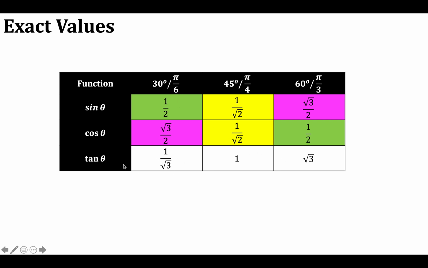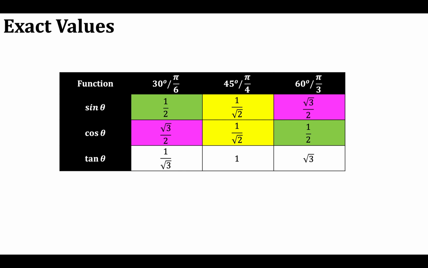But if you remember that tan is sine over cos, so a half divided by root 3 over 2 gives you 1 over root 3. And for this one, we can see that 1 over root 2 divided by 1 over root 2 is 1. And finally, root 3 over 2 divided by a half gives us root 3.